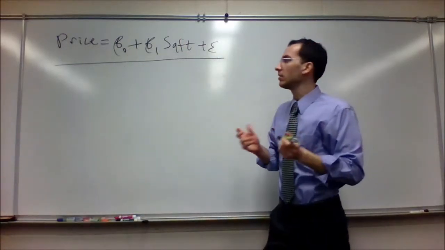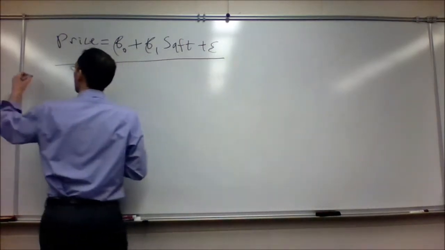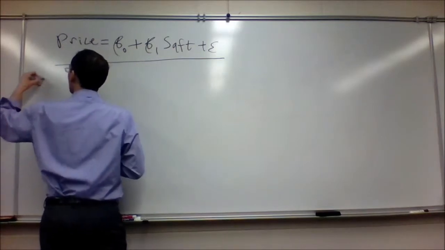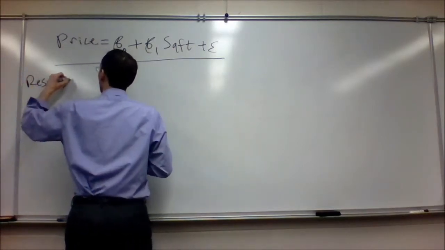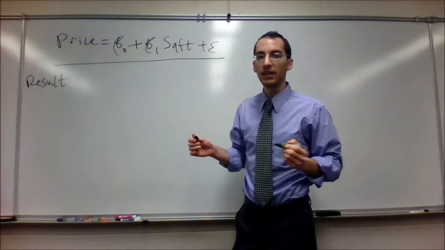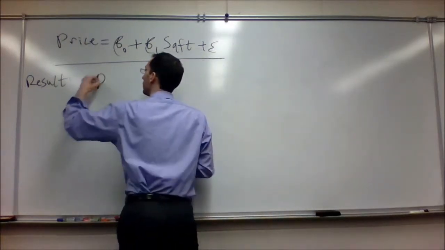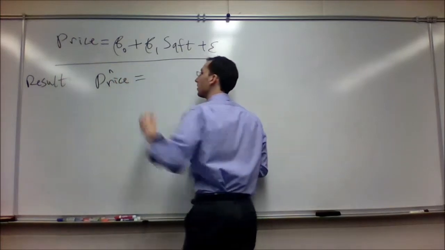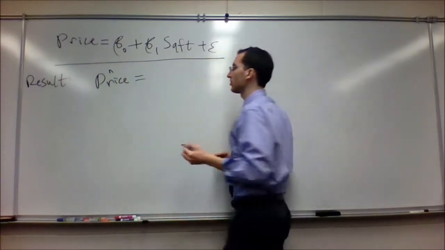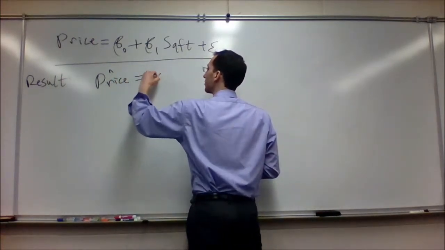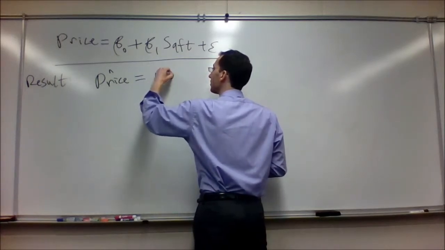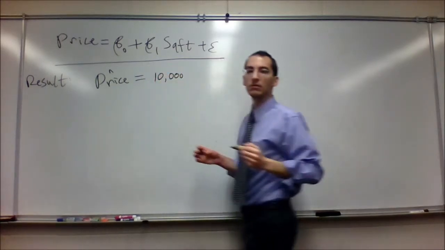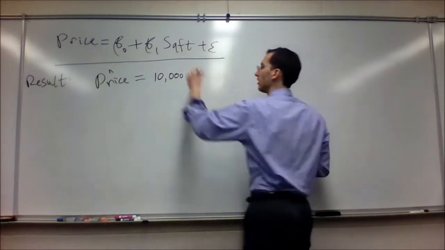So let's say I run some data and I get some result in R that gives me some model for price of a house. And let's just say that the intercept is $10,000.